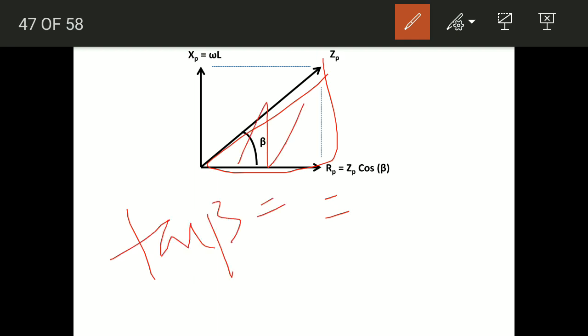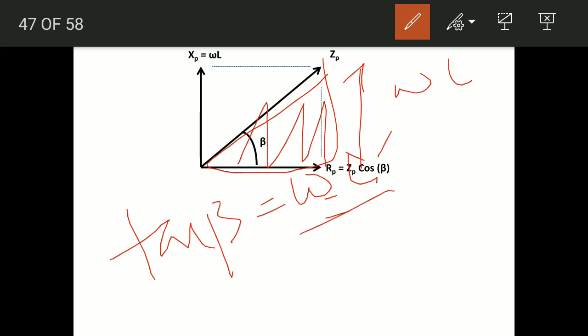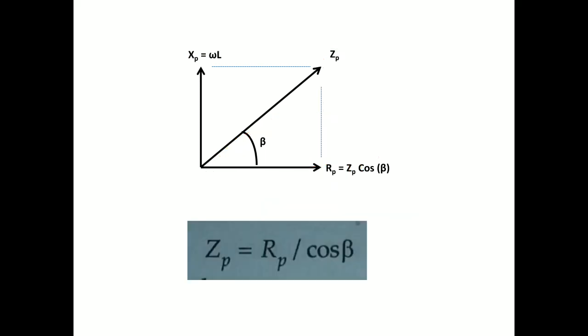So with respect to this triangle, opposite is nothing but omega L. So it is going to be equal to omega L divided by base, which is Rp. So by using this formula, we can calculate the value of beta. So beta is going to be equal to tan inverse of omega L divided by Rp. The same formula we have written in our previous slide. So from this we can write Zp equals Rp divided by cos beta.